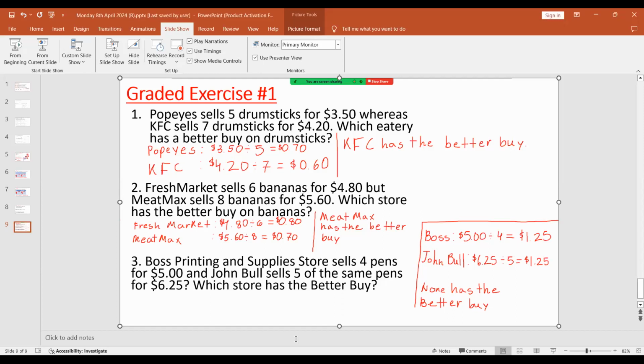All right, so let's do one more. It's going to be our final one before we go. Again, I need everyone to take a picture of their work and send it to me via WhatsApp.